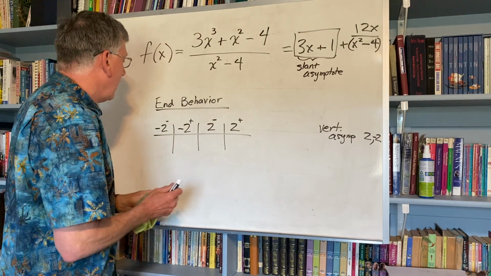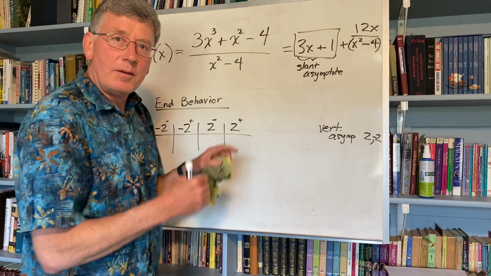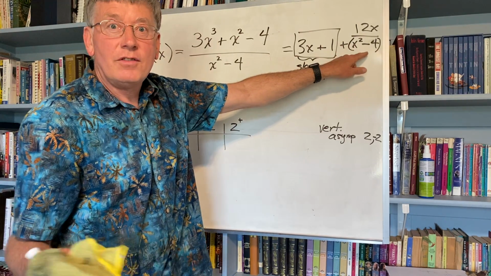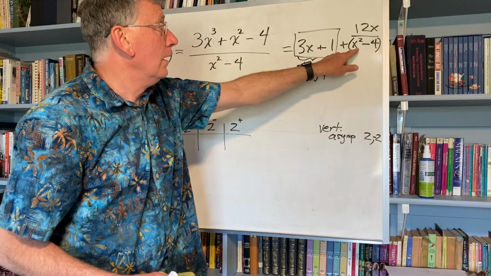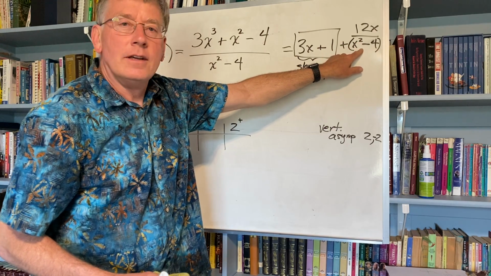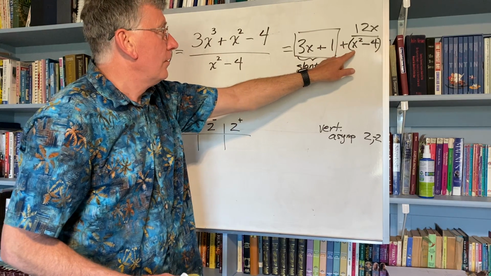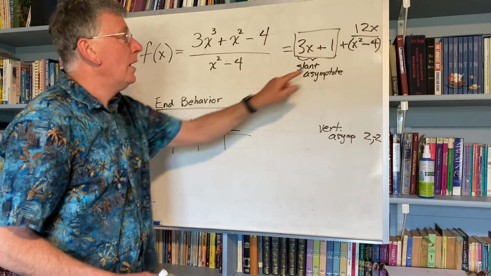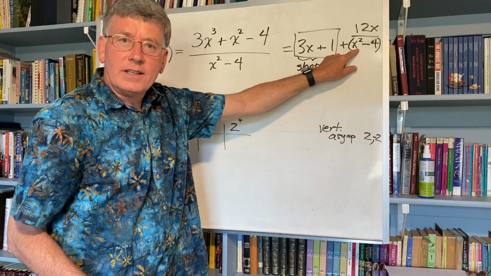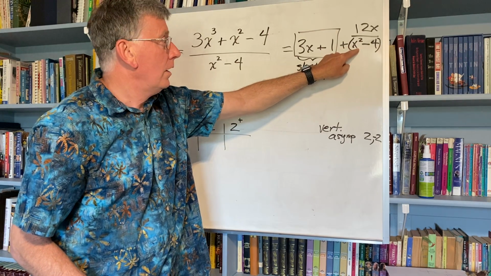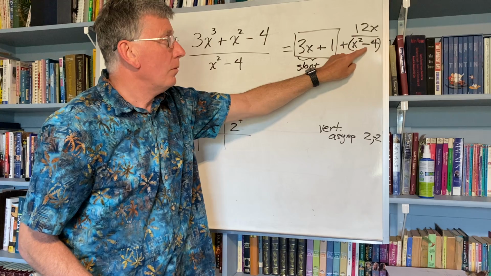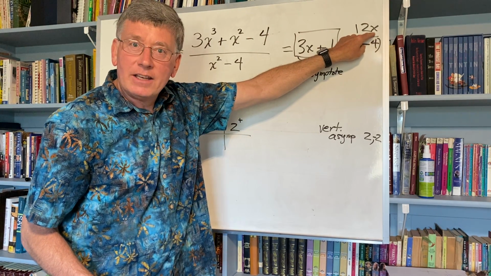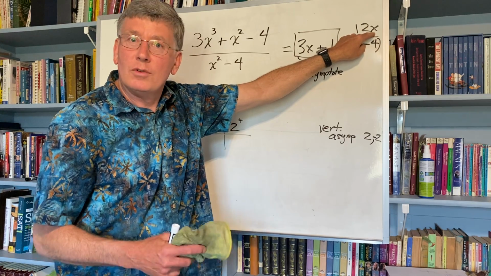When I'm getting very close to negative 2, I'm heading toward negative infinity or infinity, I don't know which direction yet, because this is getting very small. So let's suppose x is a little bit left of -2. That means x squared is a little bit more than 4, and a little bit more than 4 minus 4 is positive. But up on top I have a negative, because that's 12 times a -2 something.